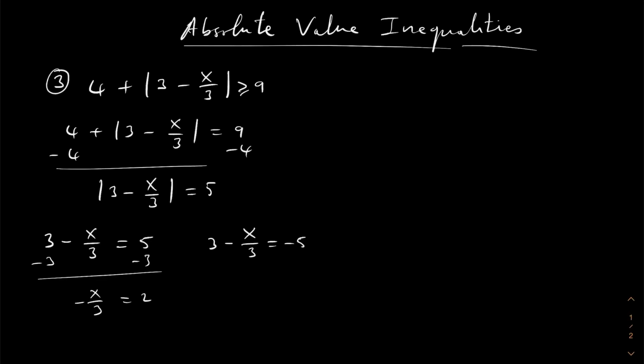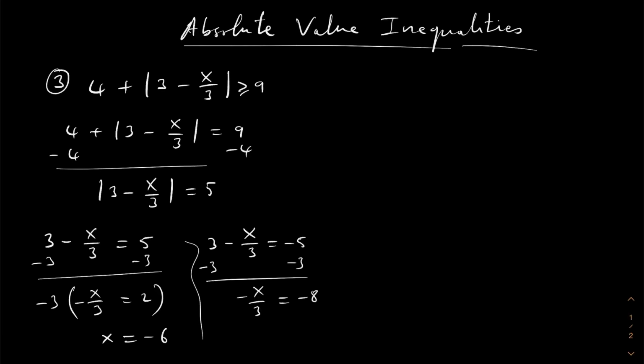And finally, multiply the whole thing by negative 3, giving you x equals negative 6. On the right side, we do the same thing. Subtracting 3 on both sides gives us negative x over 3 equals negative 8. Multiply the whole thing by negative 3, giving us x equals 24.